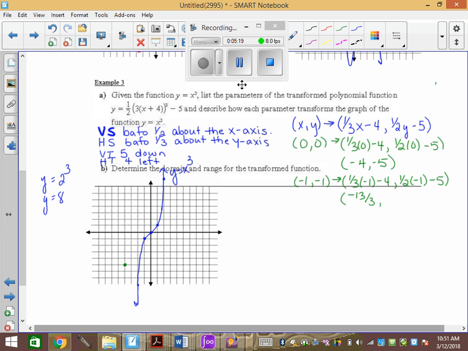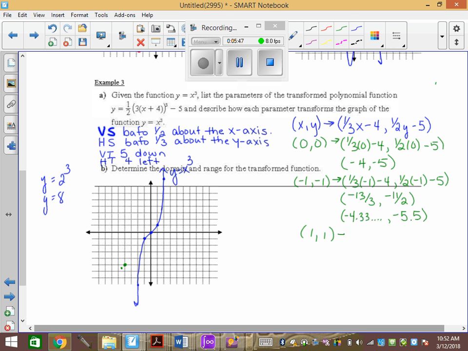And this will be negative 11/2. 13/3 is 4.333333. And negative 11/2 is negative 5.5. So it's like here.